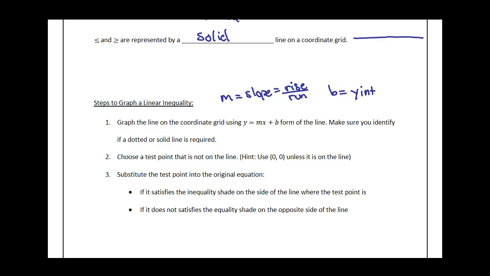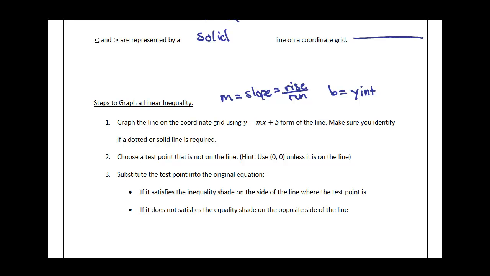That is the common form we use for graphing our lines. Now we need to identify if it is a dotted or solid line. Next we need to choose a test point that is not on the line. The hint says to use (0, 0) unless it is on the line.